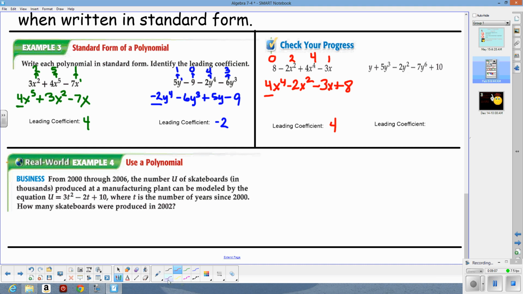Now for the next example, this right here would be degree 1, degree 3, degree 2, degree 6, and degree 0.